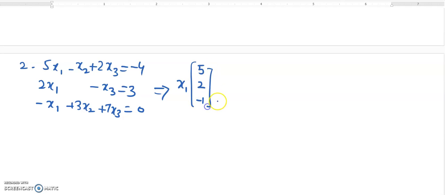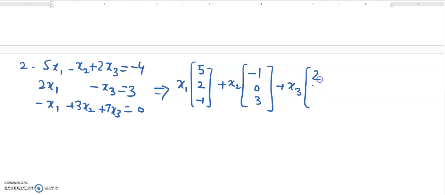Then the next scalar will be x2, multiplied by the middle column, so minus 1, and then no x2 over here, so it will be 0, and then 3, and then plus x3 times 2, minus 1, 7, and then equal to minus 4, 3 and 0.